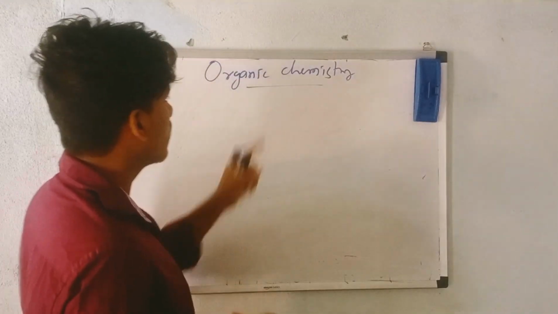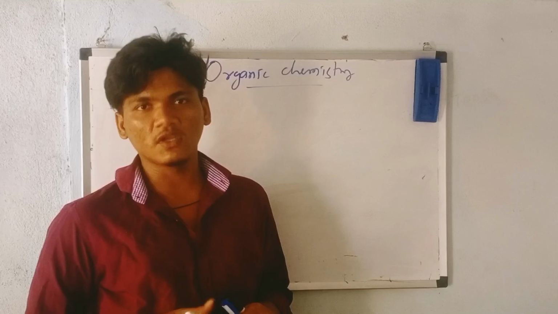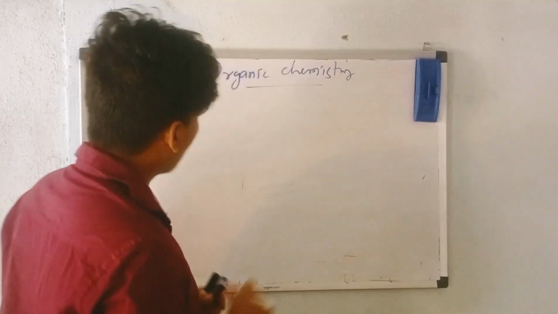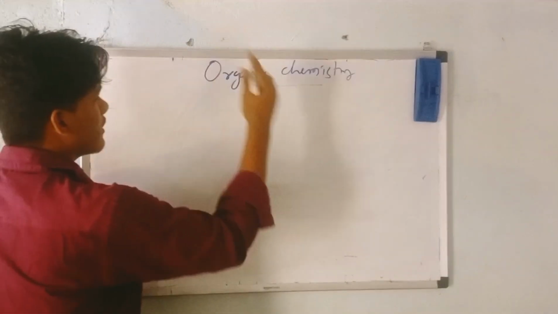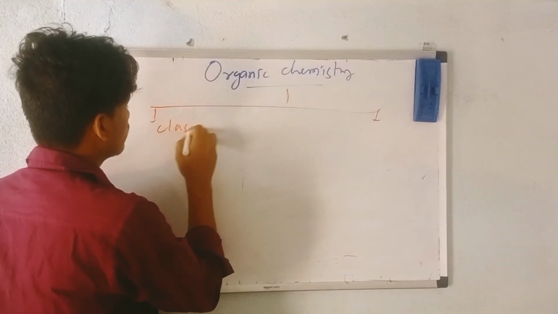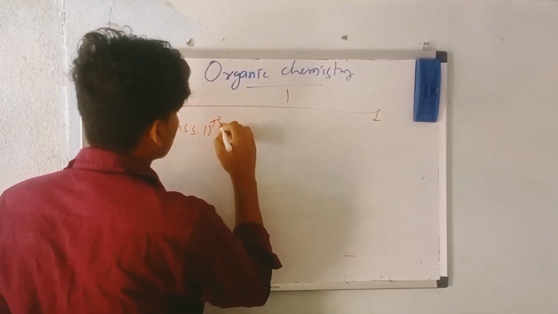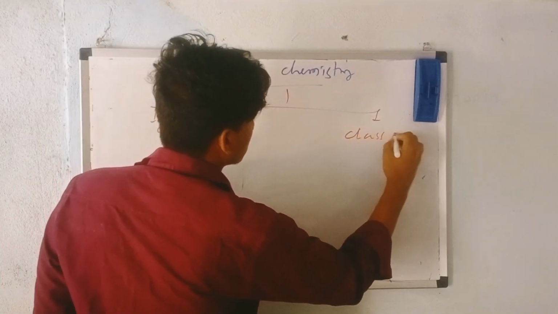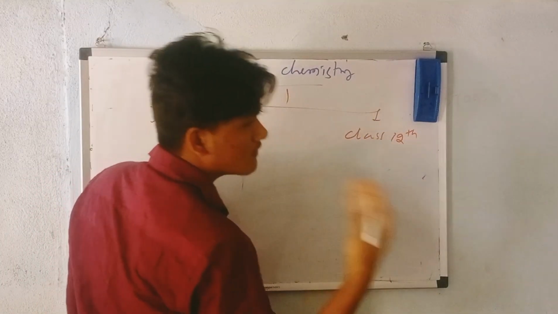First of all, let me go through the definition of organic chemistry. Organic chemistry you can see in class 11th and class 12th. So what is in class 11th and what is in class 12th?